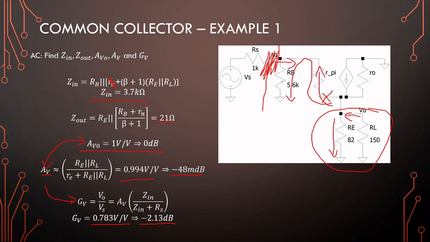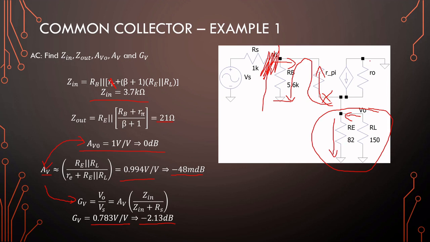Okay, so the issue usually with common collectors is the input impedance being too low, or getting enough current to flow to be able to drive our load, and biasing it with a large enough resistance.